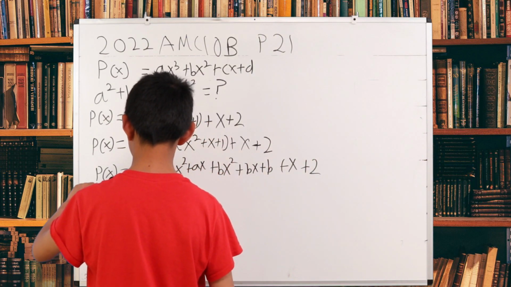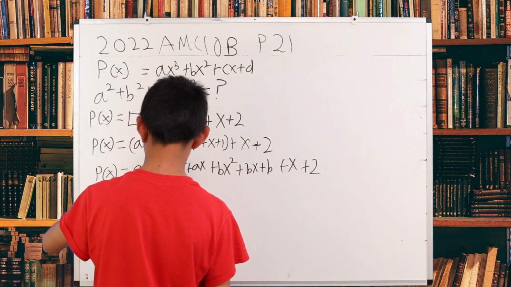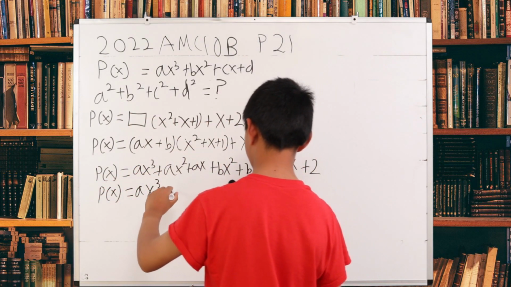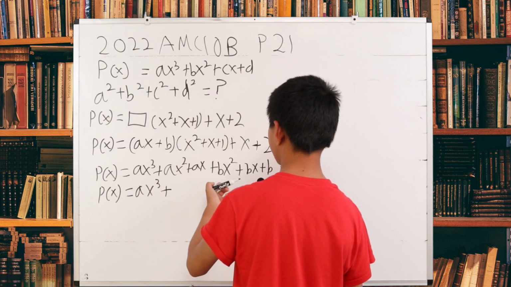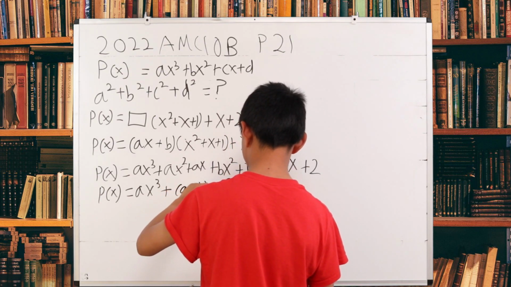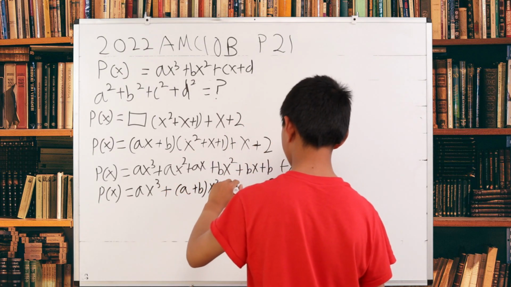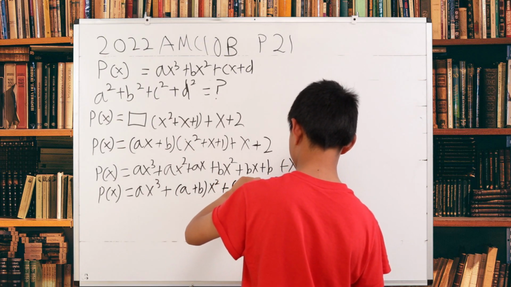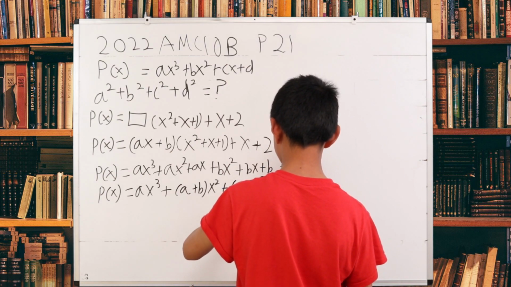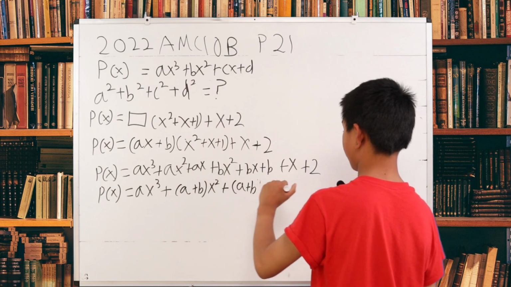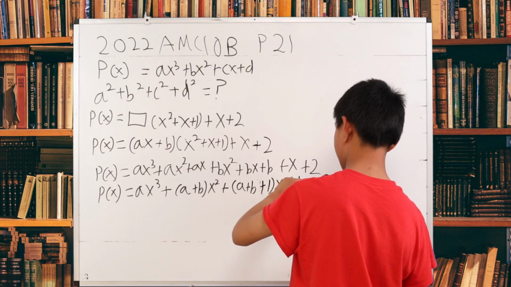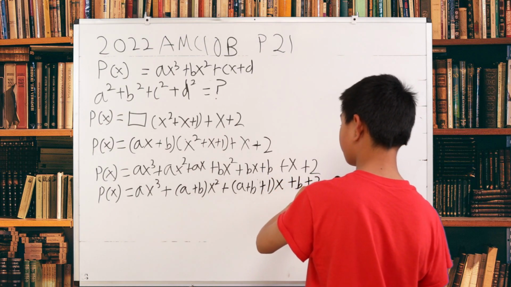P of x is equal to ax cubed plus, since these both have a factor of x squared, inside is going to be a plus b times x squared, plus a plus b plus 1 times x, plus b plus 2.